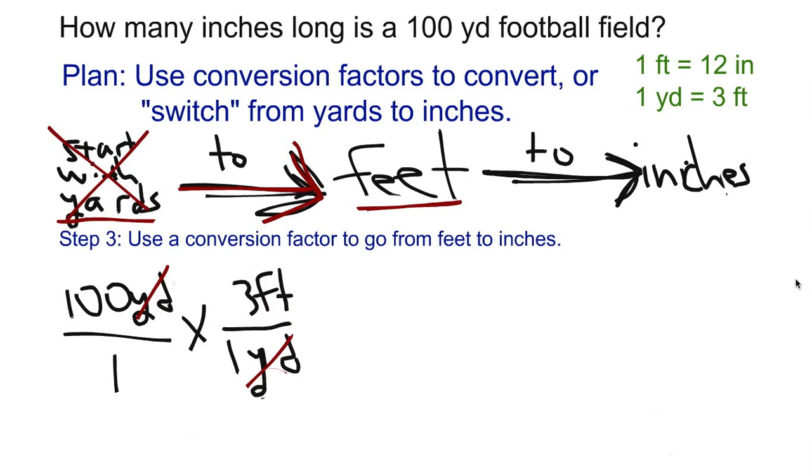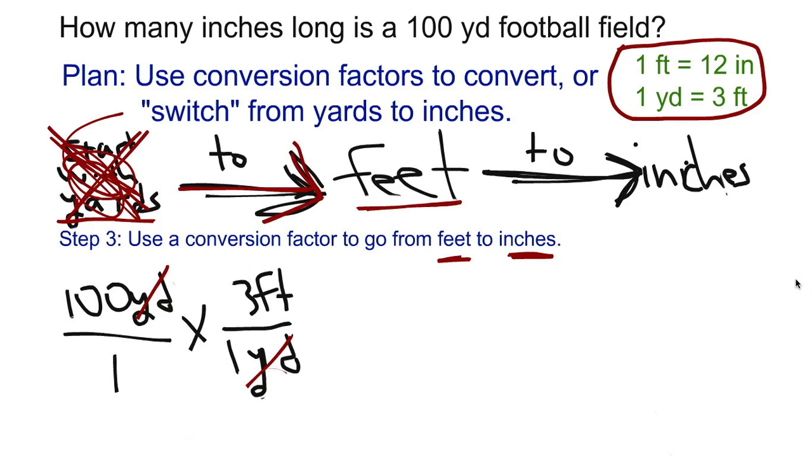So now that we went from yards to feet and yards canceled out, we can now go from feet to inches. Now when we look over here and we see the relationship between feet and inches, 1 foot equals 12 inches. So let's take this and find our conversion factors.